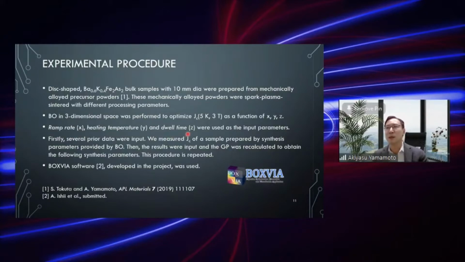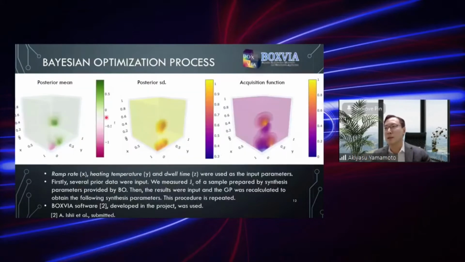So, firstly, several prior data were input, and we measured JC of a sample predicted by the acquisition function, like this.